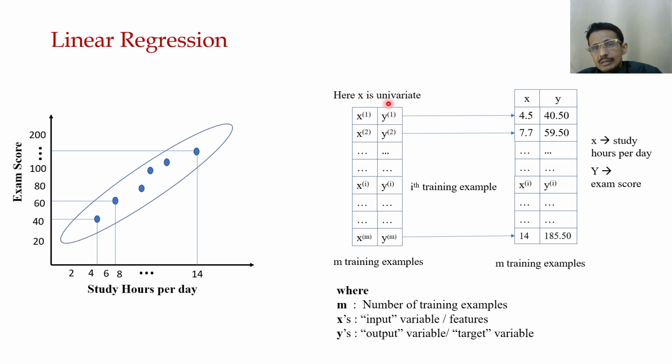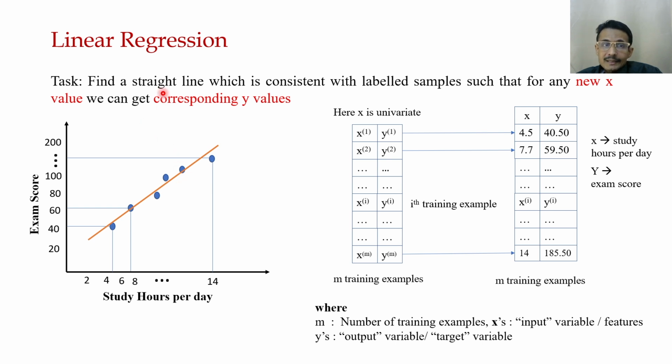Since x is univariate in our example, x1 corresponds to its label y1, x2 to its label y2, and so on up to m, where m is the number of training examples. Maybe x is study hours per day and y is the corresponding result. So m is the number of training examples, x is the input variable or feature, and y is the output or target variable.